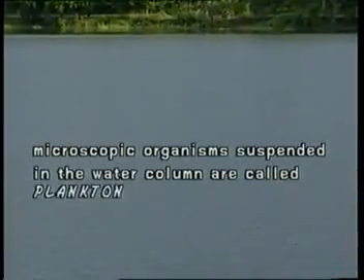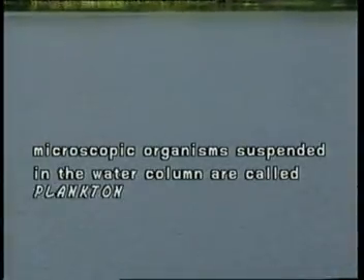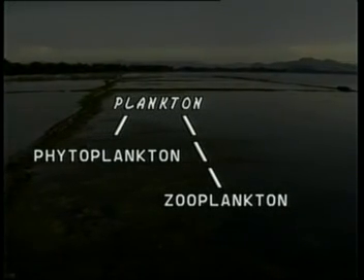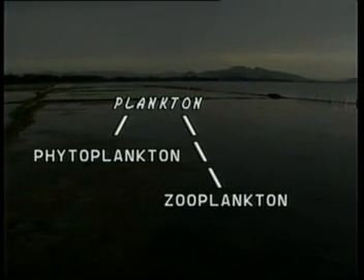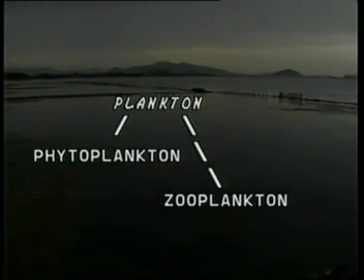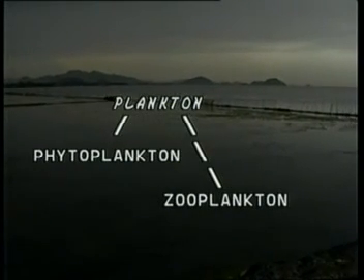Microscopic organisms suspended in the water column are called plankton. These are important components of the ecosystem and are divided into plants or phytoplankton and animals or zooplankton.